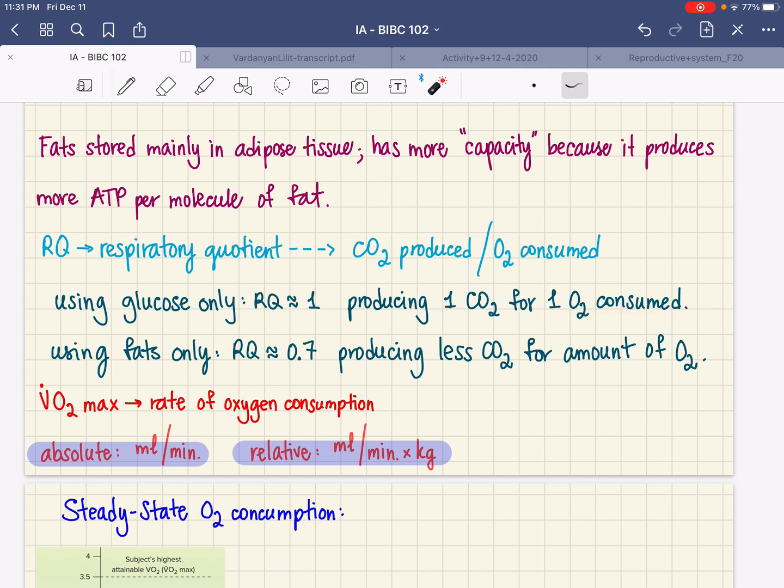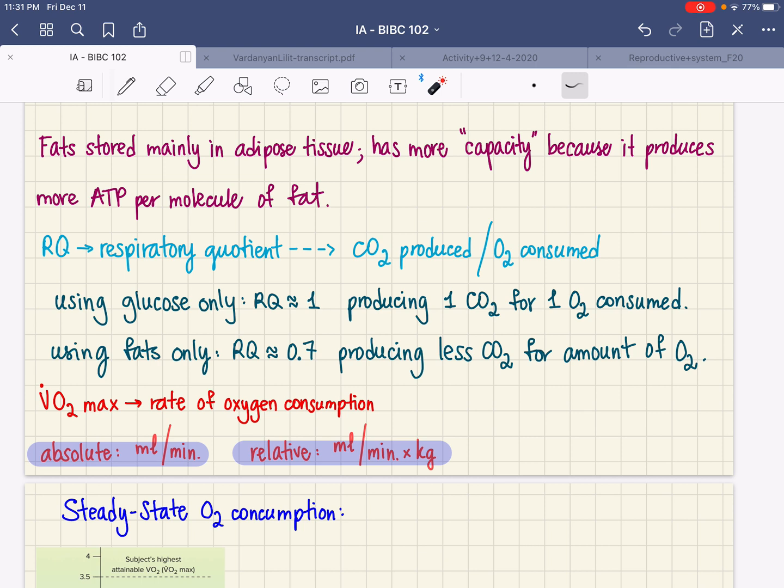If this is the case, then they are using only glucose as their source of energy. When would this be the case? This would be the case if I go outside to get food and I see a lion and the lion's gonna eat me and I have to start running, right? I will sprint for my life, right?